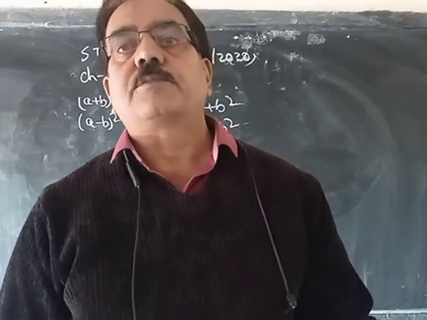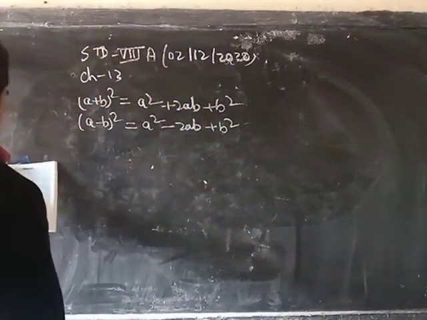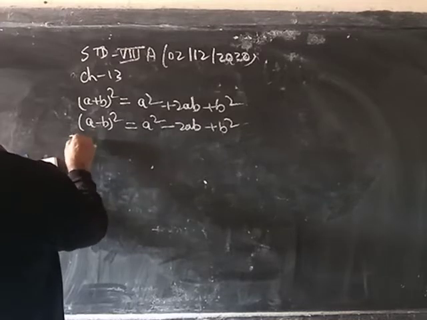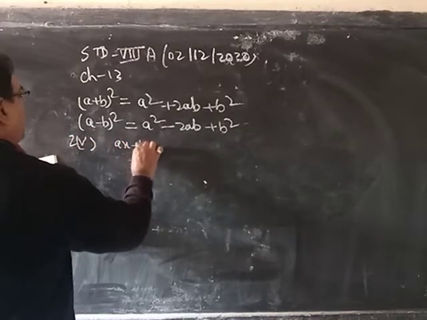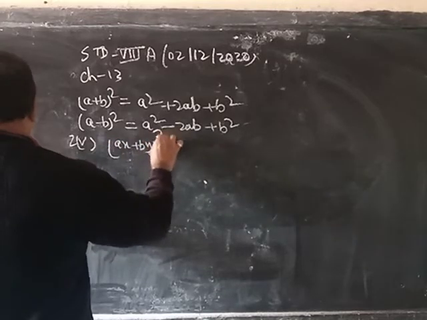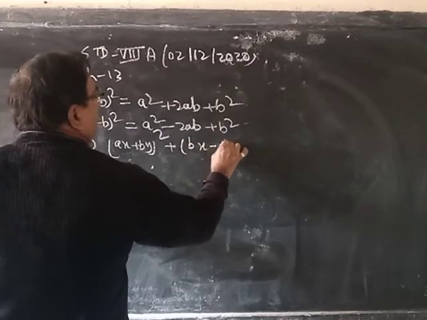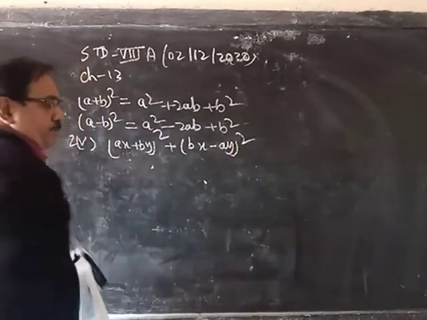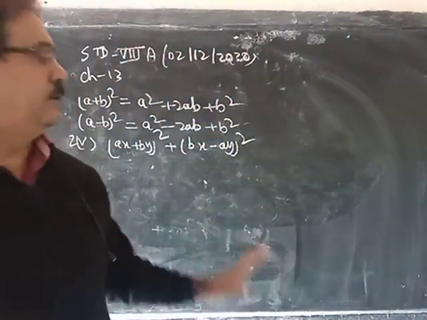So by using these formulas you have to factorize. First question is 2 fifth: ax plus by whole squared and bx minus ay whole squared. We have to factorize these.